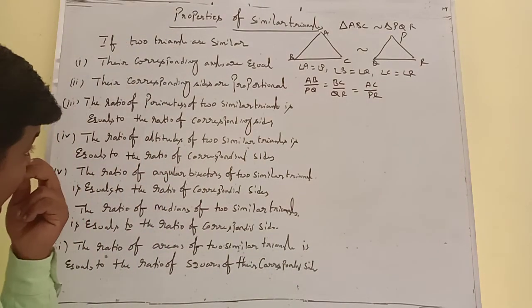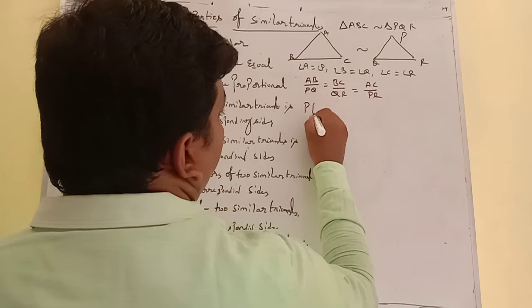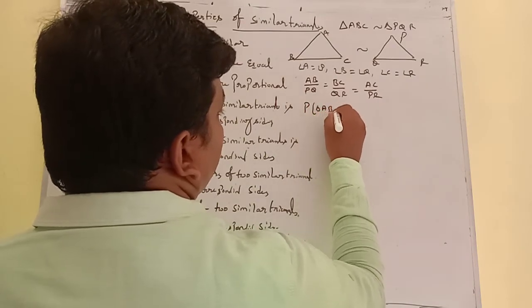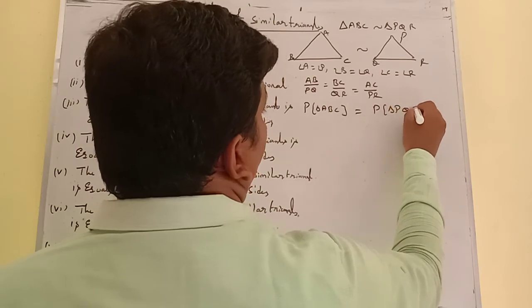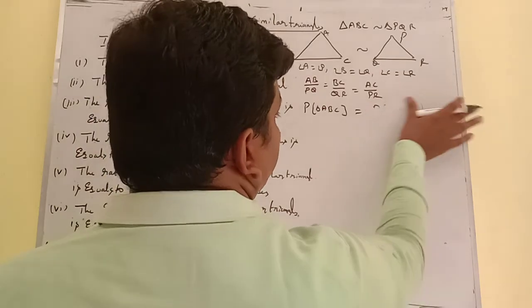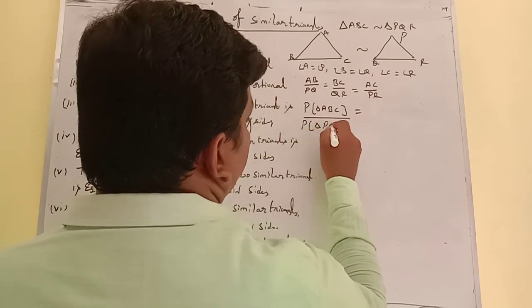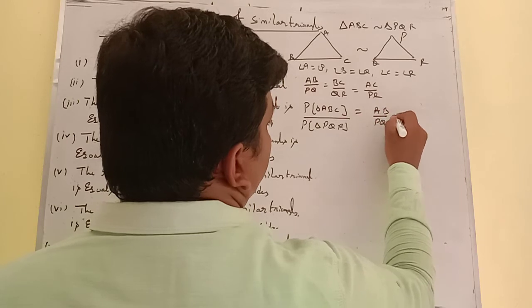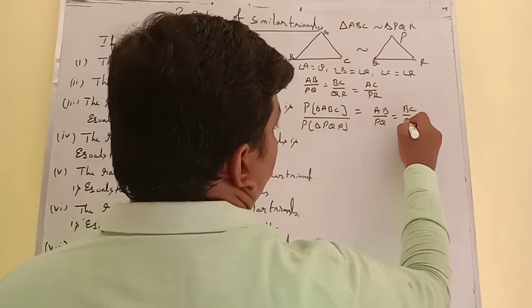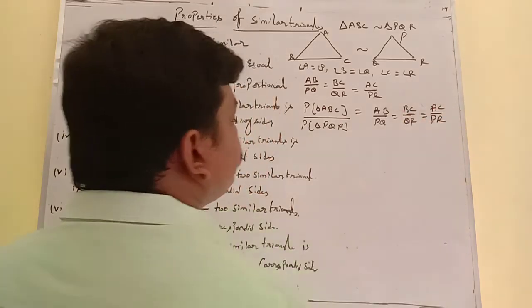Now the third point is the ratio of perimeters of similar triangles. Perimeter of triangle ABC by perimeter of triangle PQR is equal to AB by PQ, that is equal to BC by QR, that is equal to AC by PR.